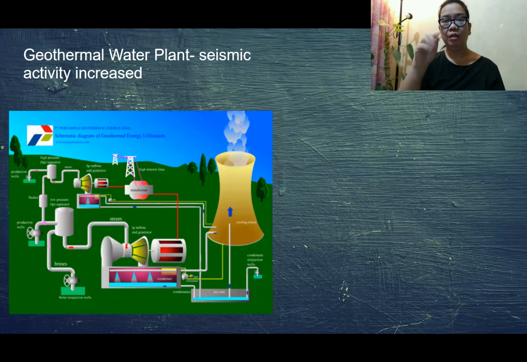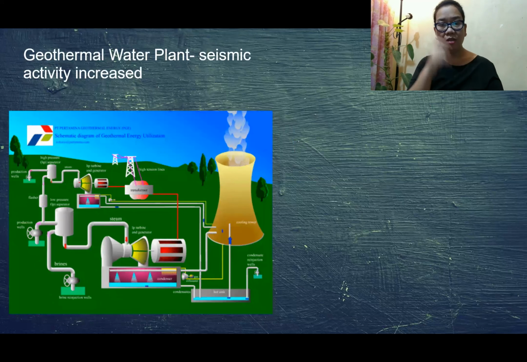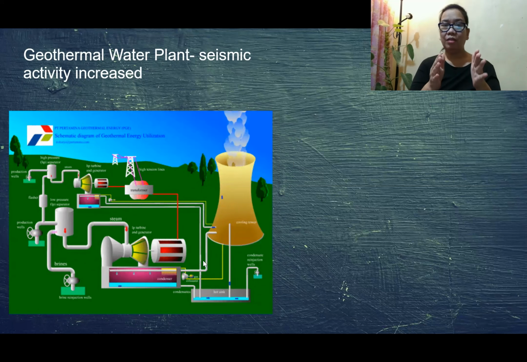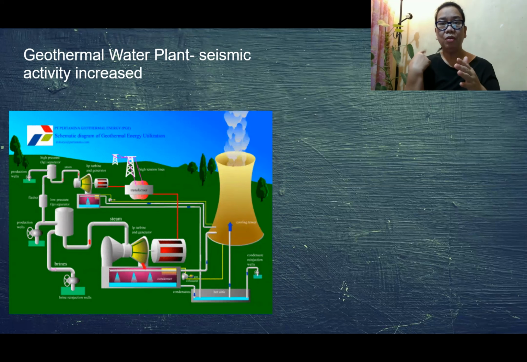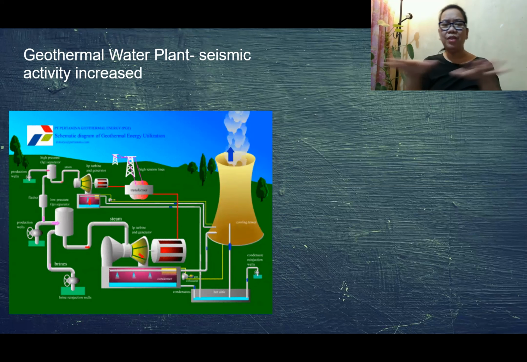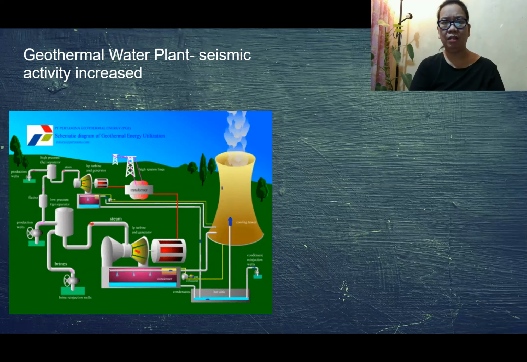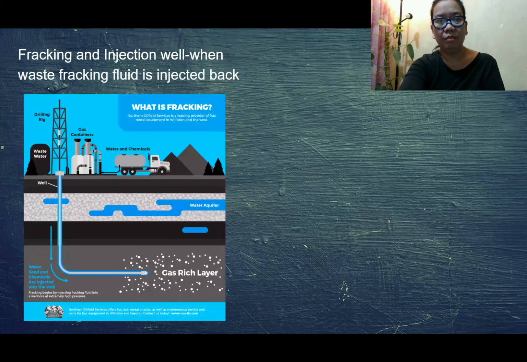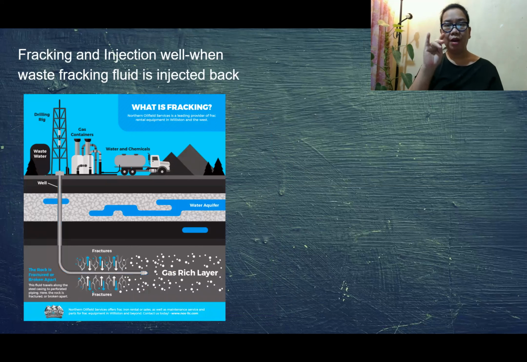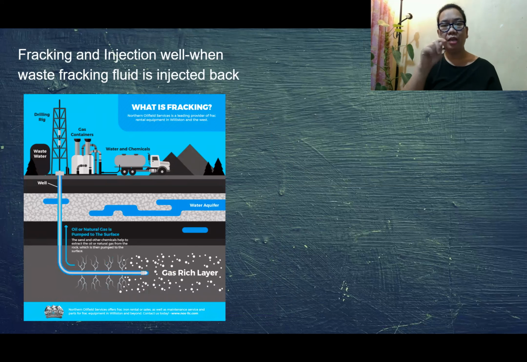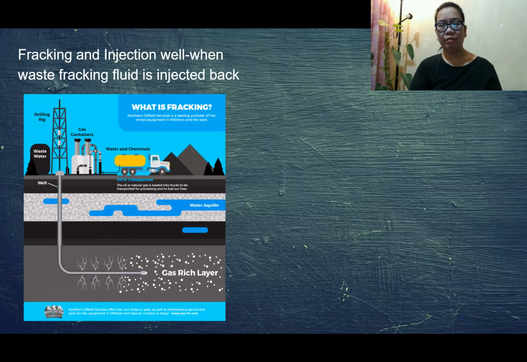And the geothermal water plant, because this whole process makes the seismic activity in this area increase. That causes earthquake. There's rapid movement. Fracking and injection wells.